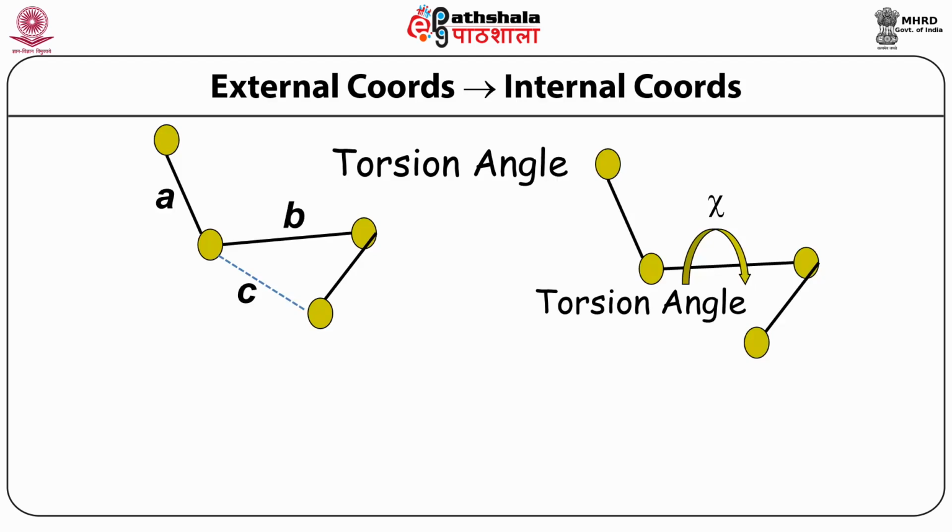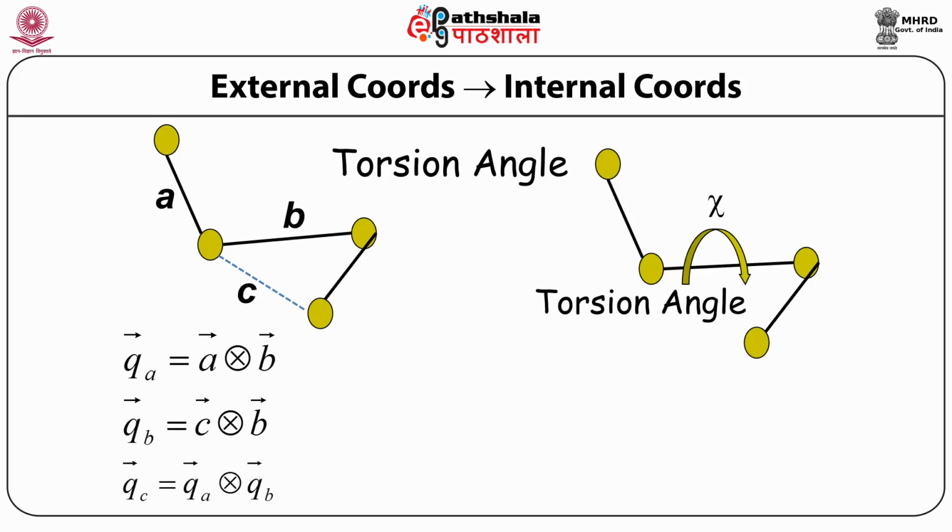Given these four atoms, let's define three vectors A, B and C as given in the figure, and then we define three other vectors QA, QB and QC. QA is the cross product of vector A and B, which means QA is perpendicular to the plane defined by atoms A, B and C. Similarly, QB is the cross product of vector C and vector B, which means that QB is perpendicular to the plane defined by atoms B, C and D.